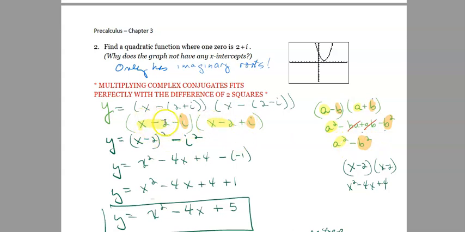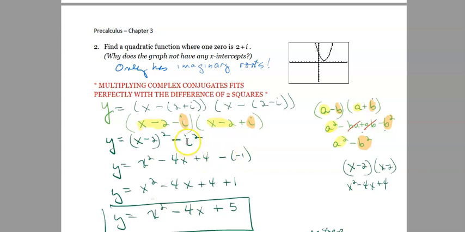So multiply x minus 2 times x minus 2. That's going to be x minus 2 squared minus i squared. Take this term and multiply it out using FOIL. You will get 3 terms. I did not distribute that 2 to the 2 terms inside. I FOILed it. Then subtract i squared.